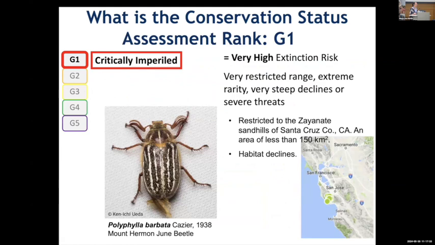G1, 2, and 3 are going to be the ones that are at risk of extinction, with G1 being the highest risk level. It's critically imperiled and very high extinction risk due to a restricted range, extreme rarity, often less than 5 occurrences, steep declines, or severe threats.